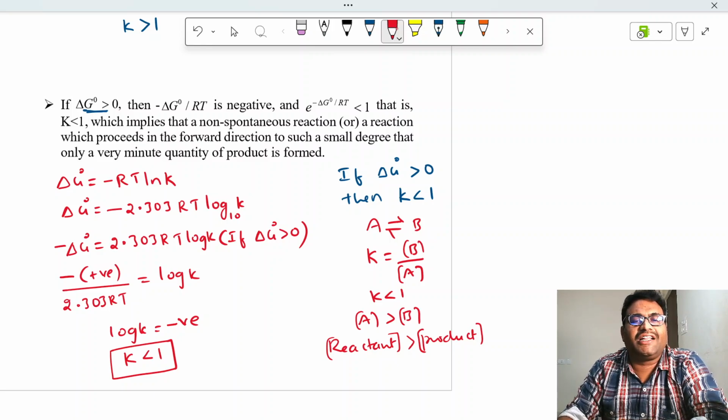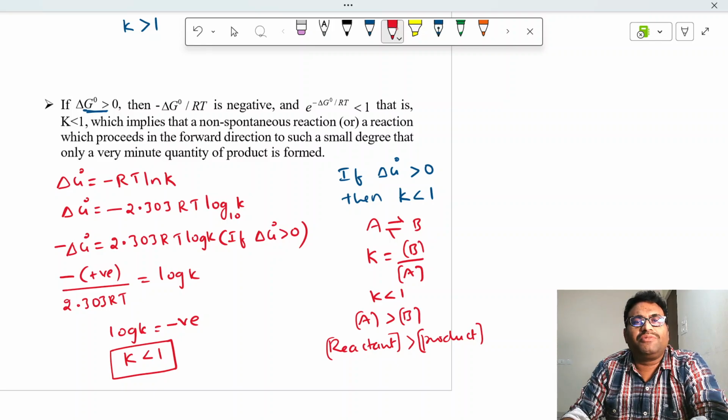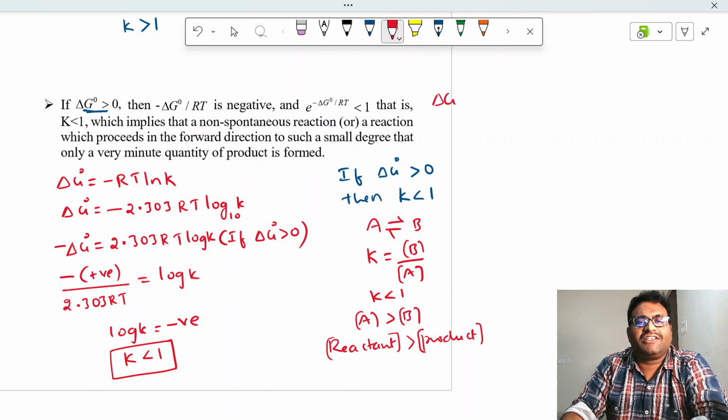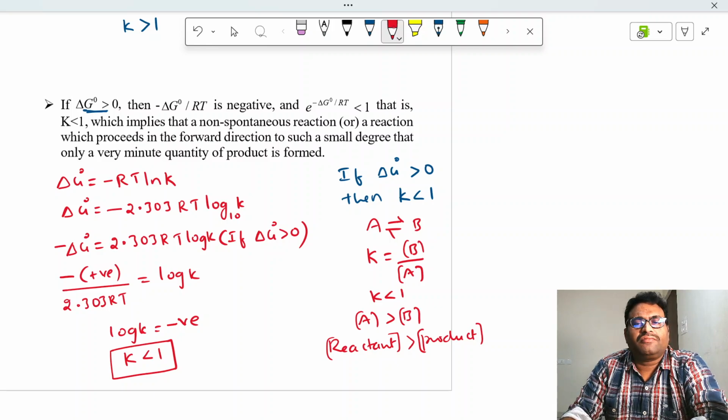So delta G greater than 0 we say means non-spontaneous. We have studied about delta G; here we are speaking about delta G naught. So this condition is important: if delta G naught is greater than 0, then K will be less than 1. Understood?